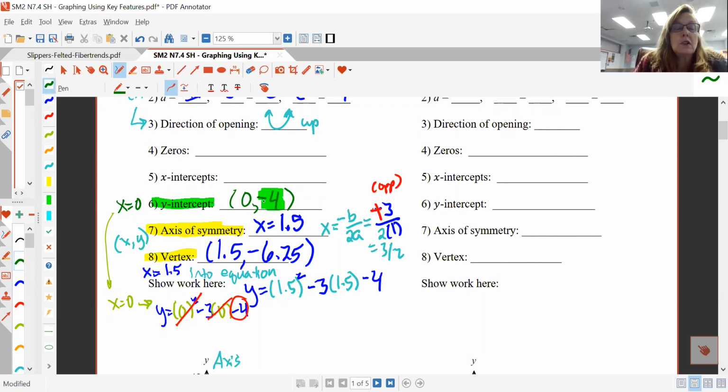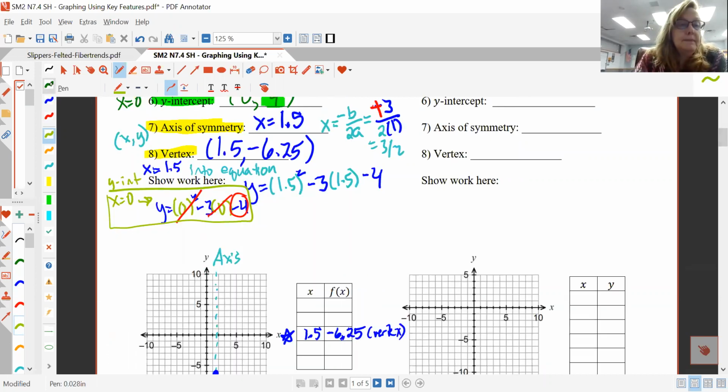Okay, so I have found the y-intercept point, and essentially my y-intercept point is right here. So basically y-intercept work, y-intercept, okay? So I put that in my graph. 0 and 4.